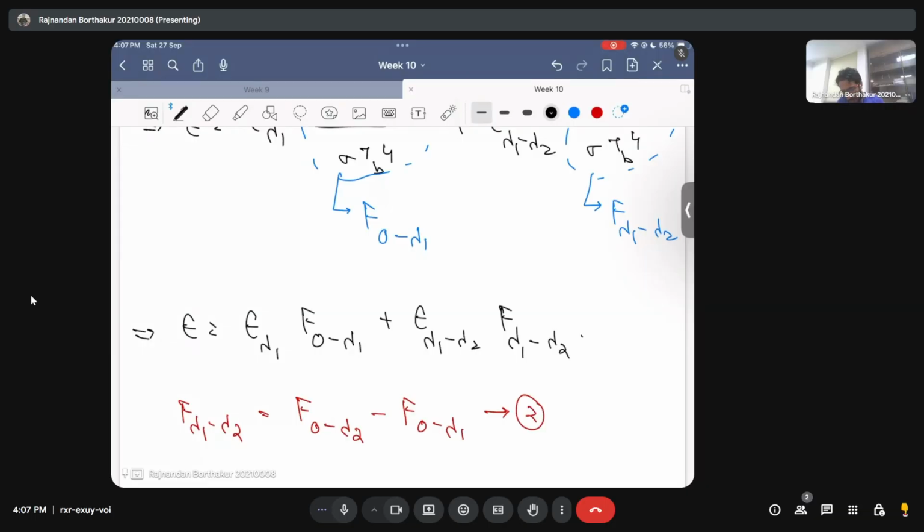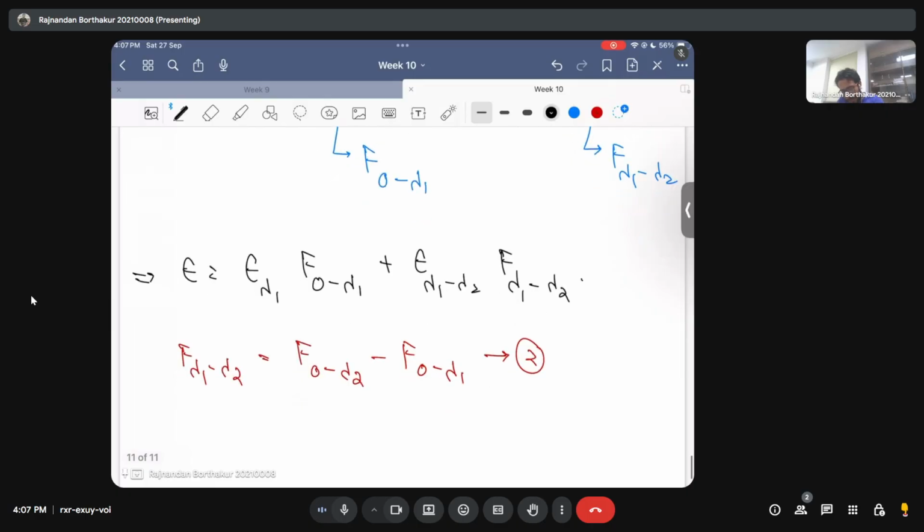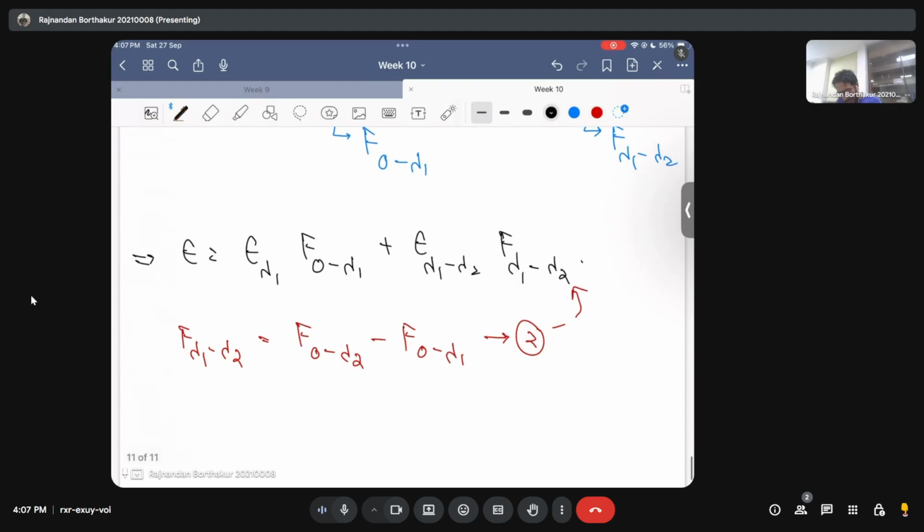So we will utilize this, and we can write this epsilon, the total hemispherical emissivity, as epsilon 1 times f 0 to lambda 1 plus epsilon lambda 1 to lambda 2 times f 0 to lambda 2 minus f 0 to lambda 1.